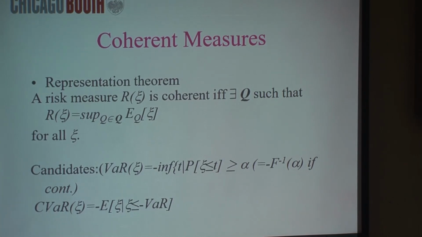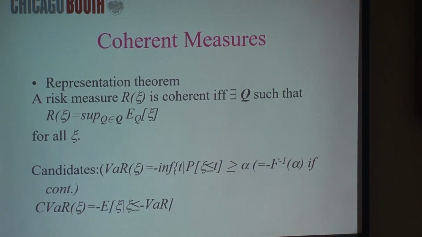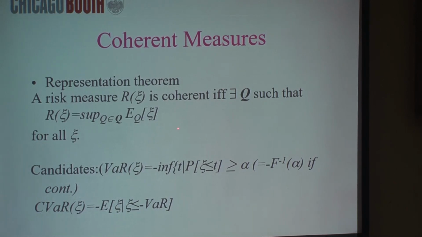What's nice about the coherent risk measures is that there's always a way to write them down as an optimization model.